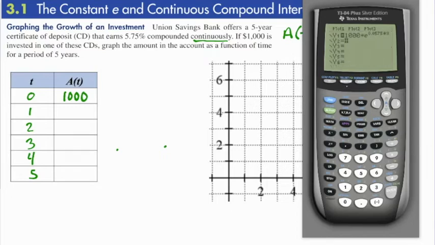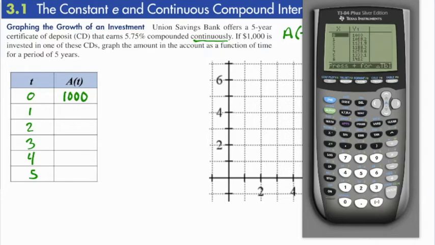We're going to go over to table setup. It's set up to have the independent variable on ask, so I can enter the years I want. Well, I can change that to auto and start at 0 and increase the table by 1. So it'll give me 0, 1, 2, 3, 4, 5. And now I can hit second table, and I have 0 through 6 here.